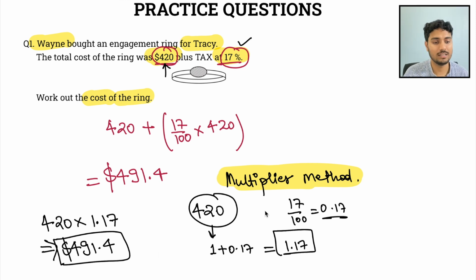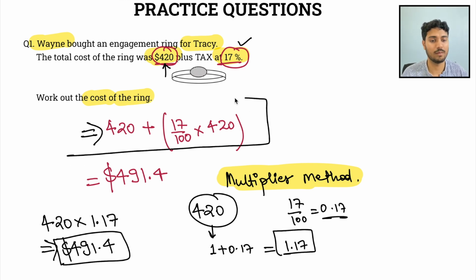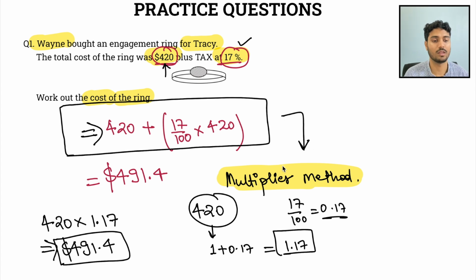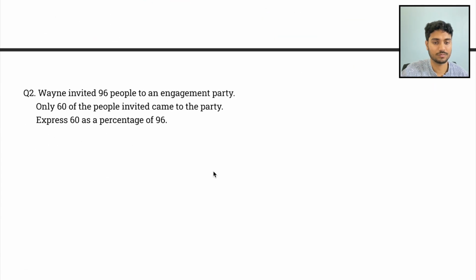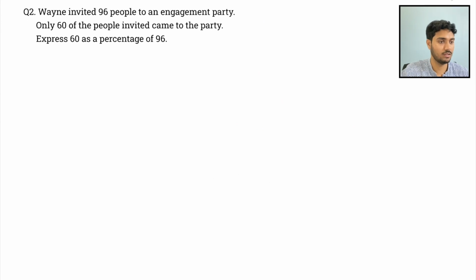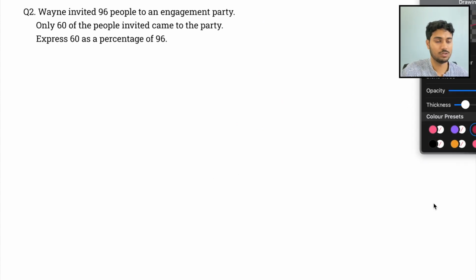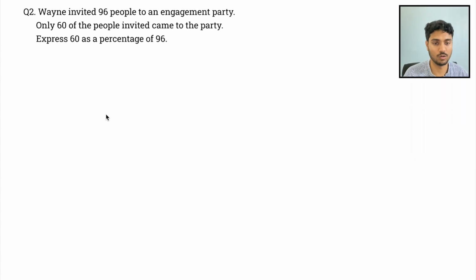But to understand that easier method, you have to understand that this is the calculation which is happening in reality, and then you can definitely use the easier way as well. Let's move on to next question now. You can use any method. I have to show the calculation, so I might use maybe both or whichever I feel like.